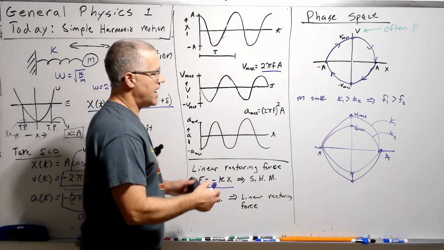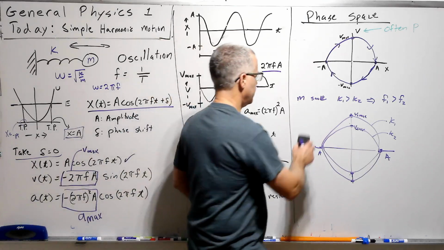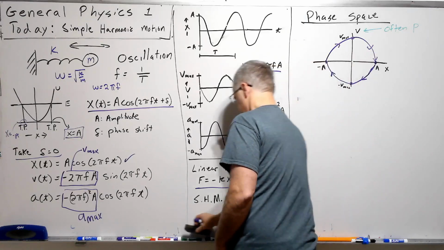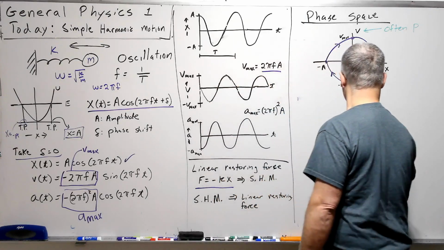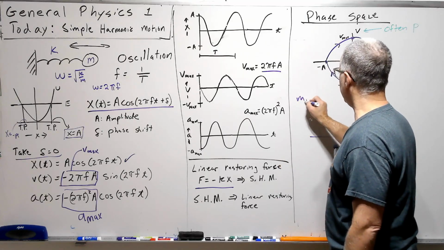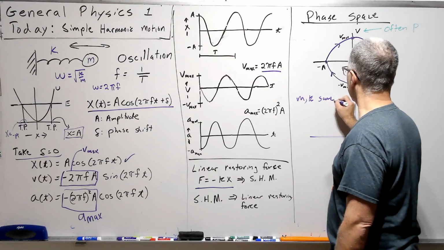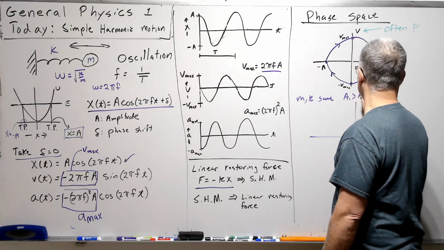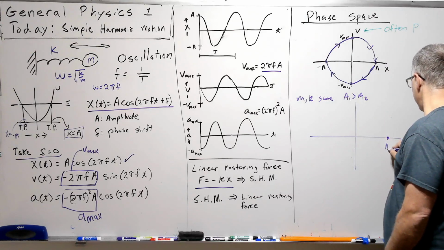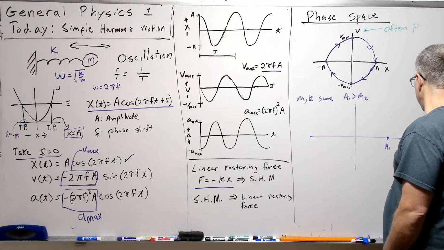Let's take the same mass, but we'll just pull it back to two different amplitudes. So same m and k same, and we'll have A1 greater than A2. So then we have an A1 and we have an A2.